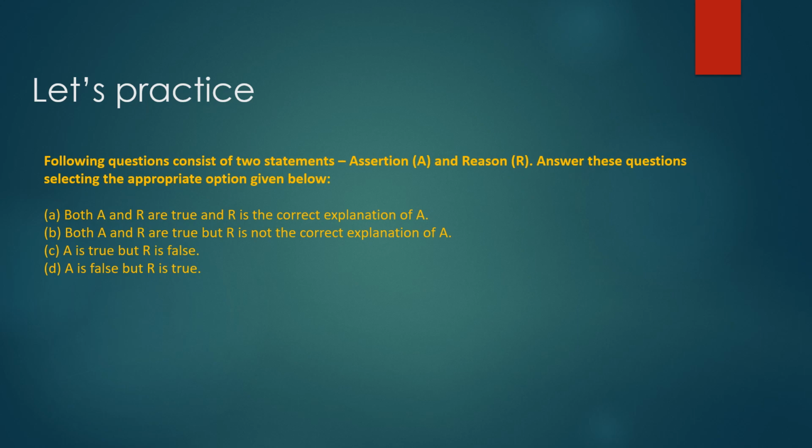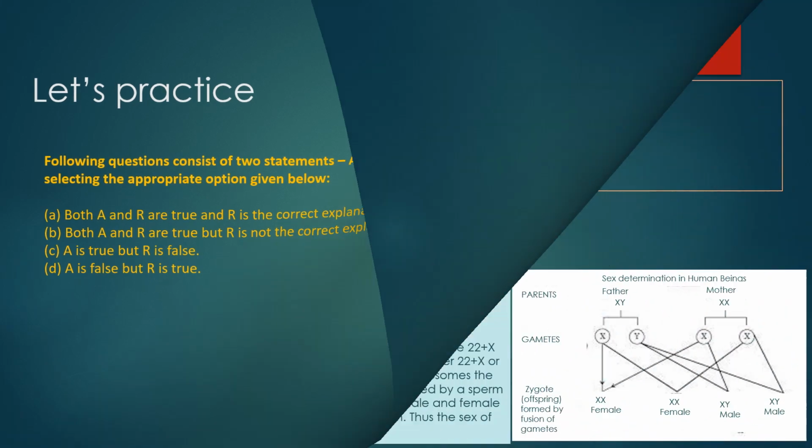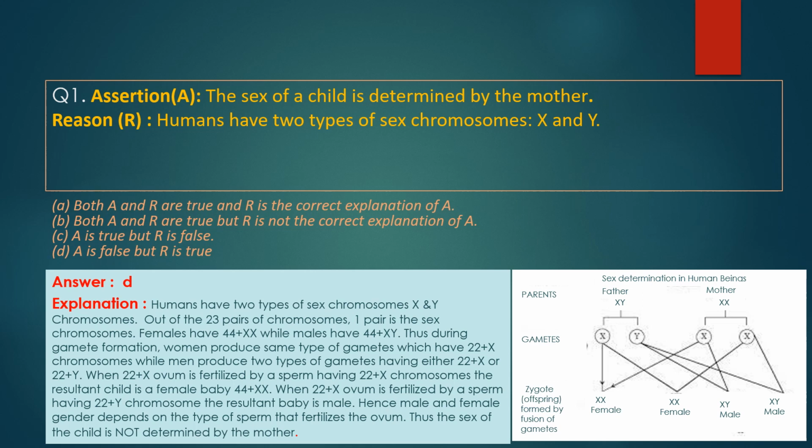If both A and R are true, and if the reason is the correct explanation of A, then your answer should be option A. If both of them are true, but R does not explain the A correctly, then the answer will be B. If the first statement assertion is true and the second statement reasoning is false, then the answer should be C. And if assertion is wrong, but the reasoning as an individual statement by itself is right, then the answer will be D. Let's practice a few questions.